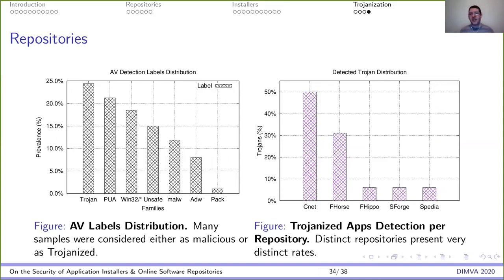But even for CNET, that presented the largest detection rate, we cannot claim that it's insecure because there are multiple malicious artifacts in it. What happened is that, due to this binary update procedure, the same application that was detected as malicious had its binary replaced many times, and all of them were detected as malicious by the antivirus.